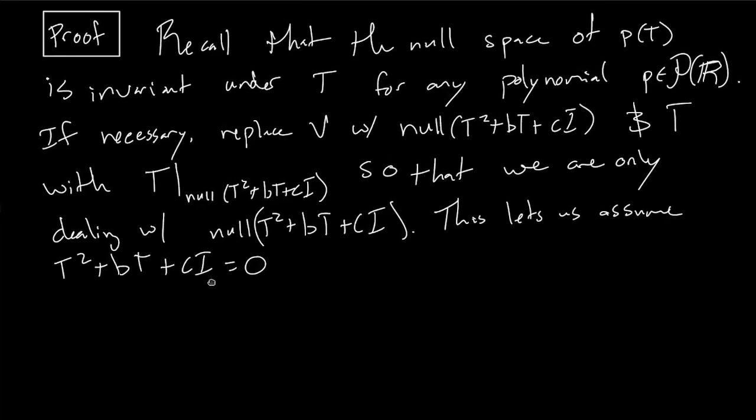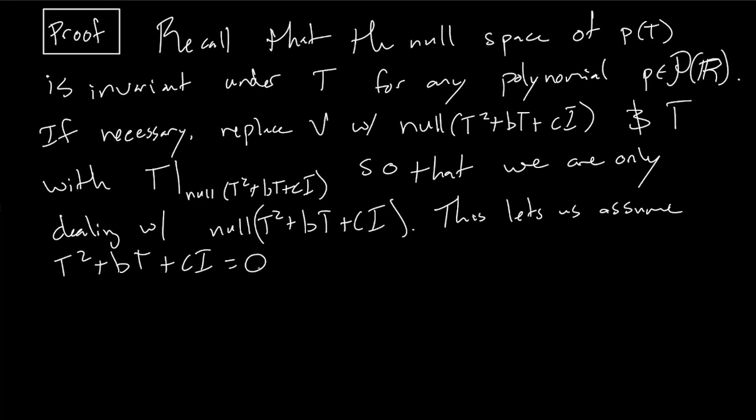So in that case, this thing is 0. Why? Well, because on the null space of T squared plus bT plus cI, it sends everything in there to 0.